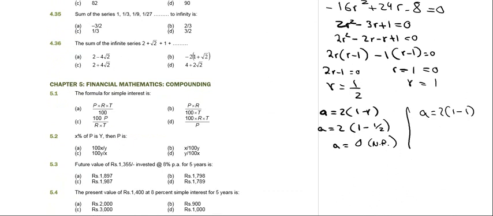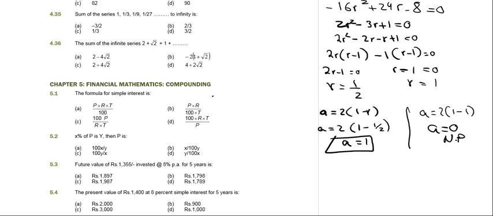So over here, a will become 0, and it will not be possible. However, over here a will be equal to 1, which will be our answer.